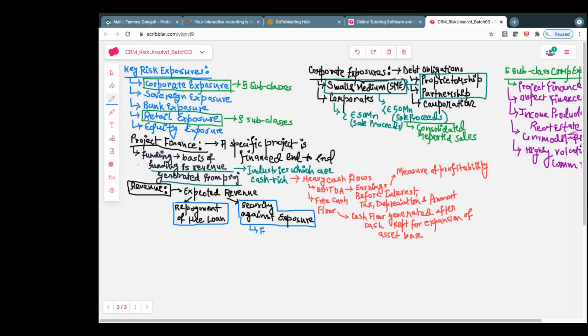The bank will have the first right over the revenue generated since the state of impairment.